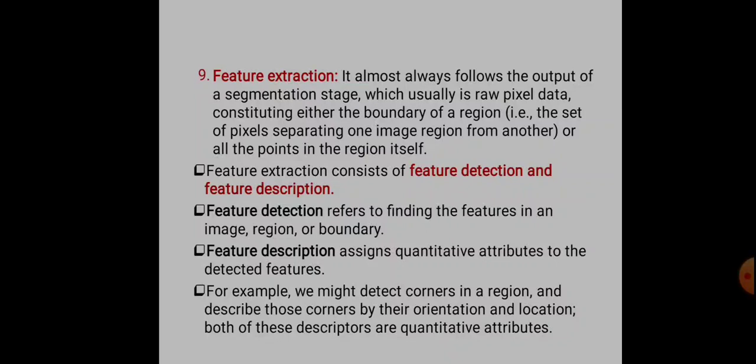First you detect the corners of an image, and then to represent those corners you need the pixel value and the location. These are called the feature description. So feature detection and feature description are the main parameters of feature extraction, which extracts the pixel values of that region of interest.